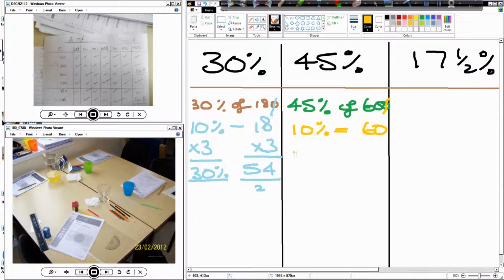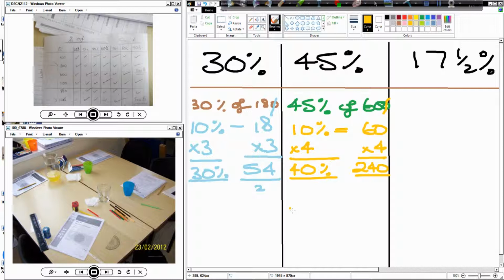Now I want to get to 45%. So first of all, I can get up to 40% by multiplying it by 4. That's one step that we can do at the beginning. So 60 times by 4 is 240.